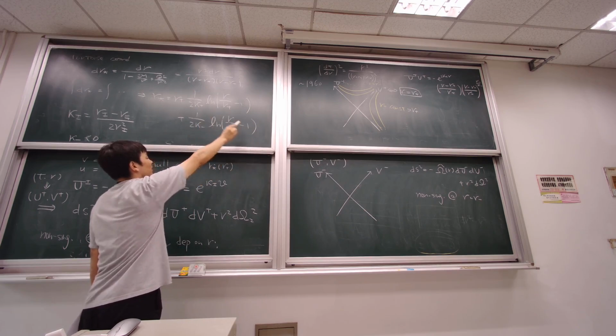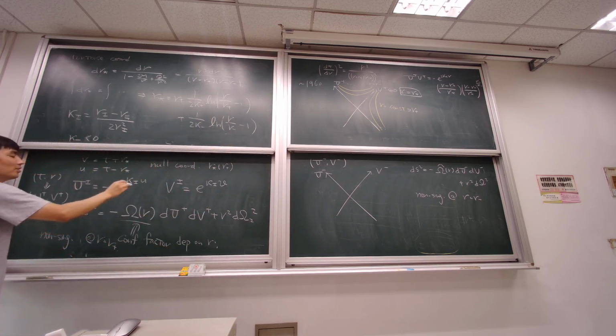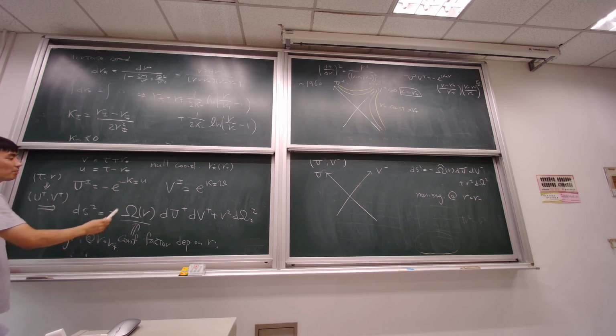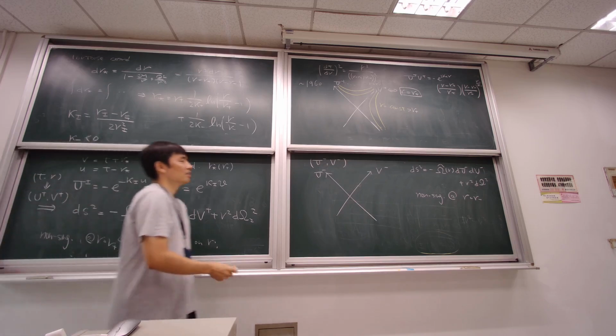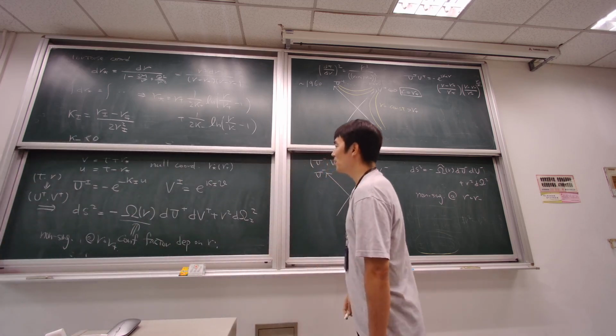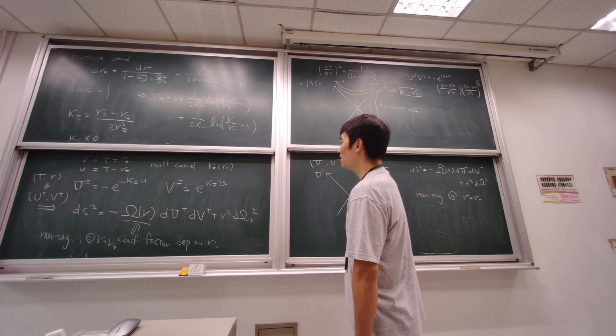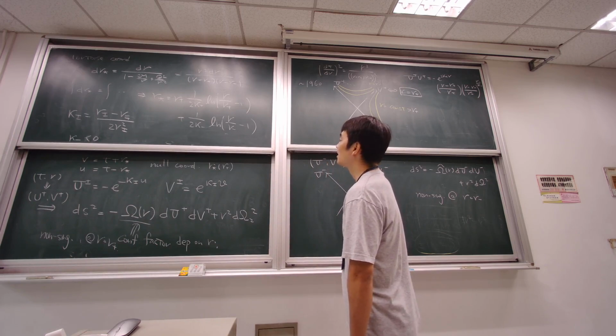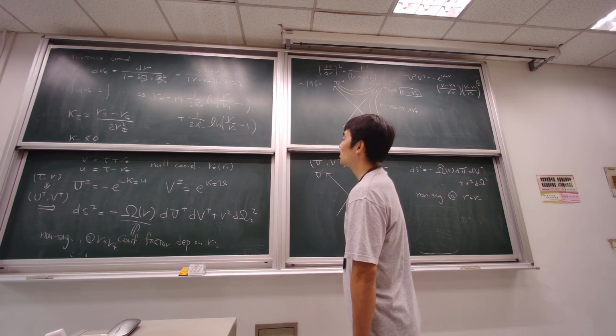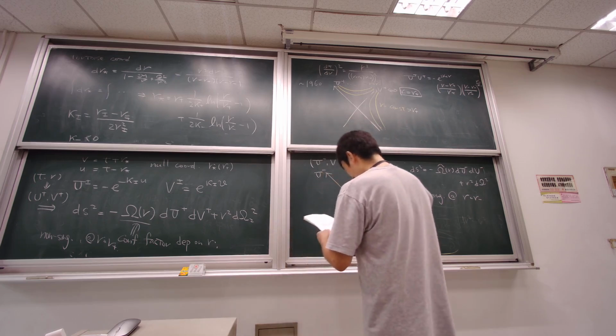This is plus infinity, and plug that into here. The kappa minus is negative and minus. Okay, so this becomes infinity. So this is okay. So b equal to 0 is now the horizon in that case.